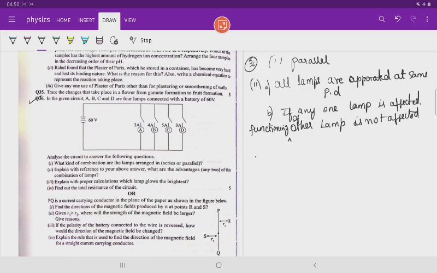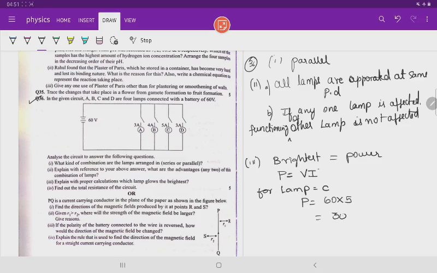Explain with proper calculation which lamp shows brighter light. If they ask for the brightest or brighter, you have to calculate power. And we know the power formula is V into I. Since V is the same, you have to check I. You have to show it in the calculation, and I is more for lamp C. Power is equal to V into I, V is 60 into 5, so 60 into 5 is 300 watt.